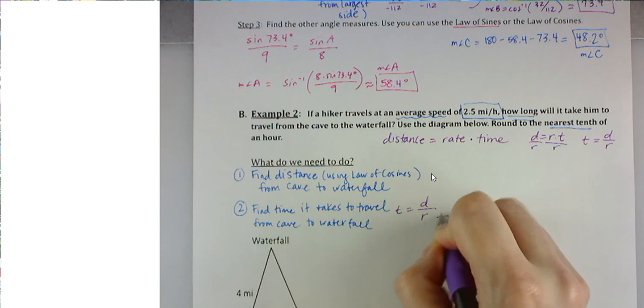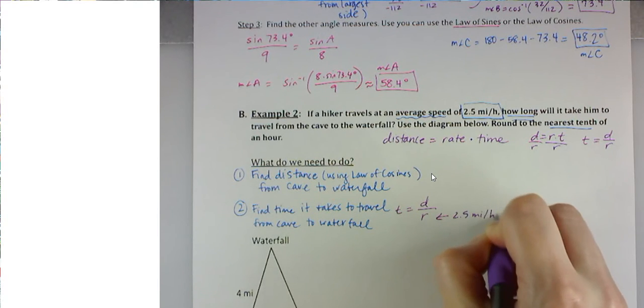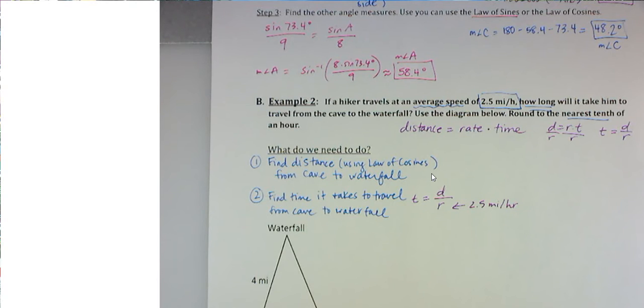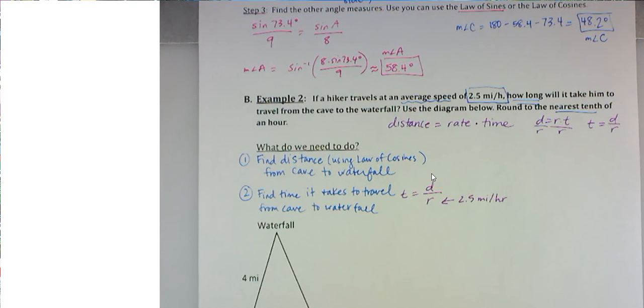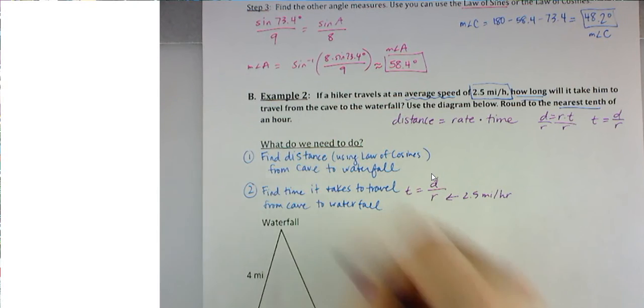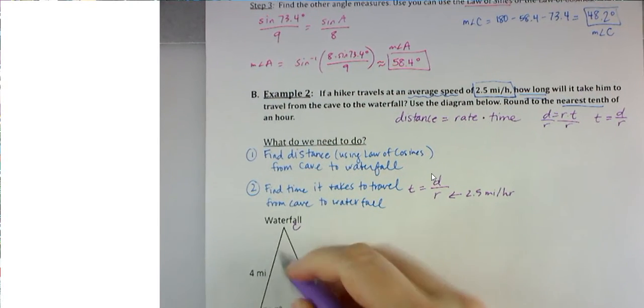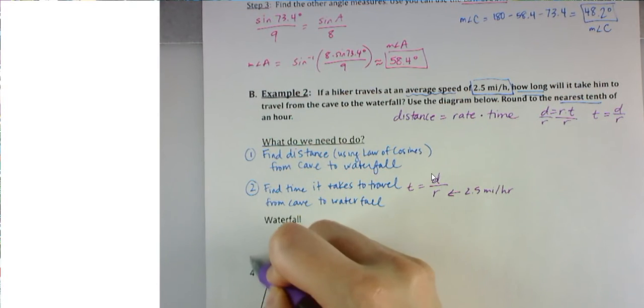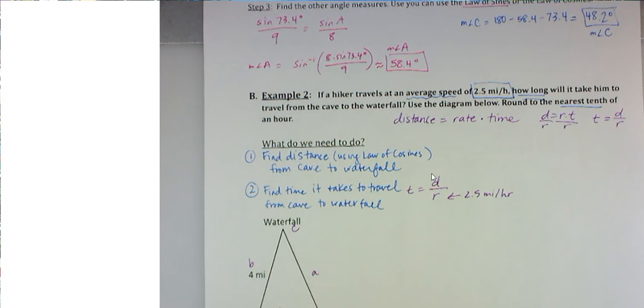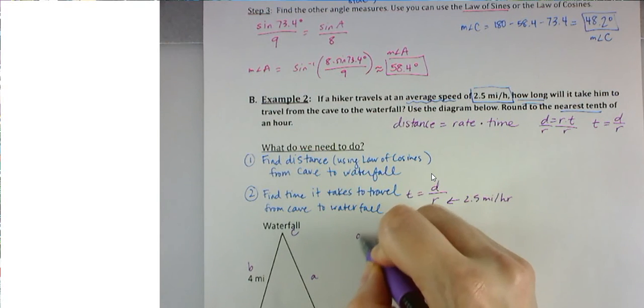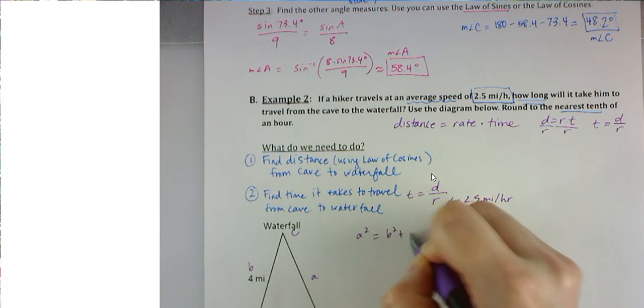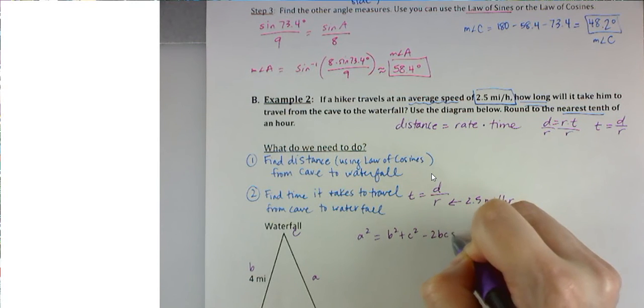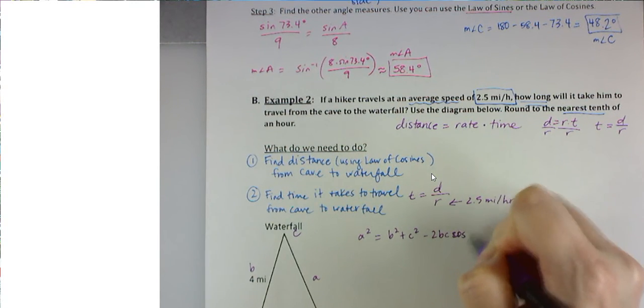Okay, so waterfall to the cave. I can think of this as my A, my B, and my C. So across here, this would be little a, little b, little c. And because I want to find the distance of A, I can say a squared equals b squared plus c squared minus 2bc, times the cosine, not sine, of A. So a squared is going to equal 4 squared, which is 16, plus c squared, which is 3 squared.